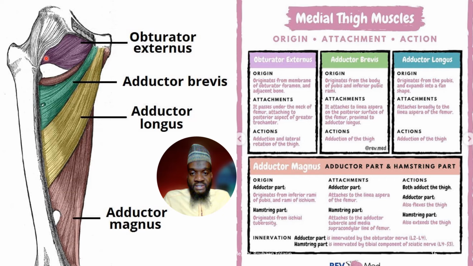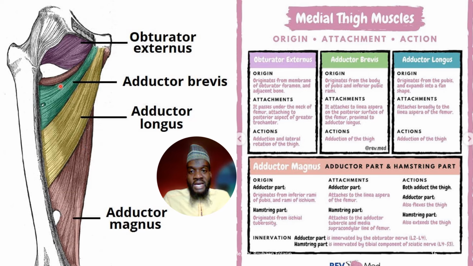Then it attaches to the posterior aspect of the greater trochanter, and that's why it's able to help with lateral rotation, because it's coming from behind the femur. So it helps with lateral rotation and also adduction, like with other muscles you expect in the medial compartment.